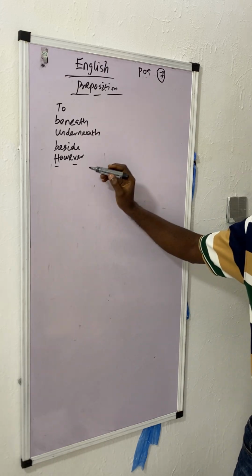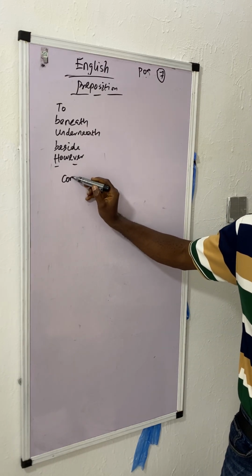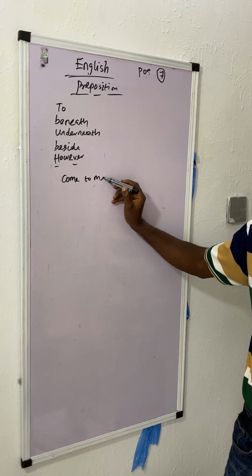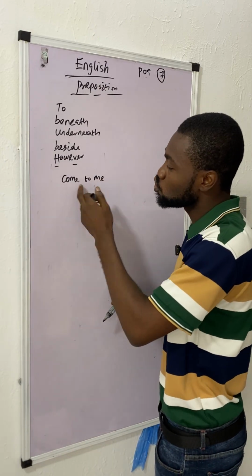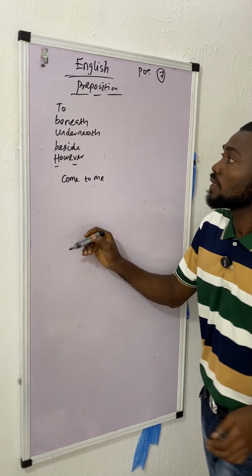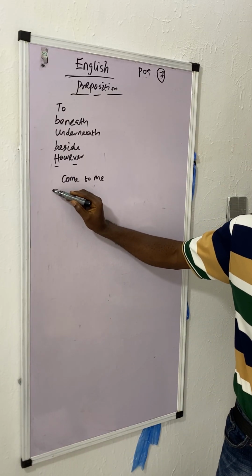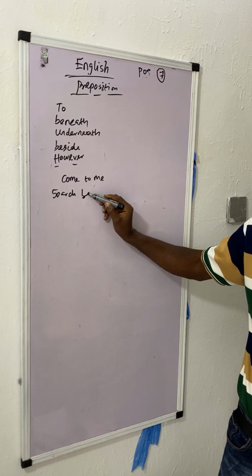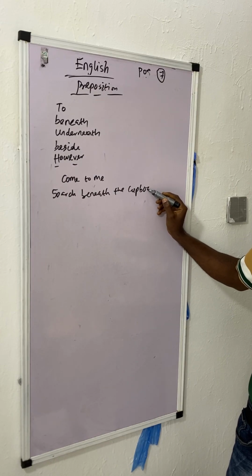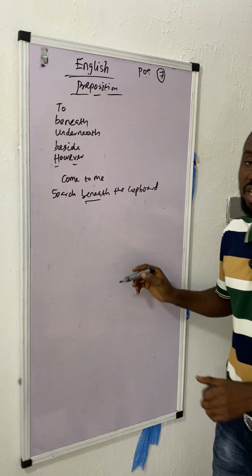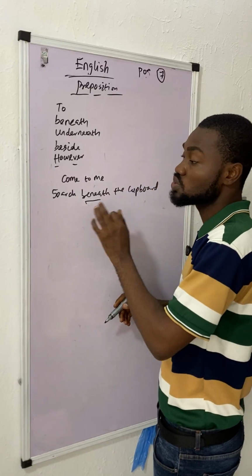For example, I can say, come to me. Where is it directing you towards? It's directing you towards me. I can say, search beneath the cupboard. Where is it telling me to search? It's pointing at beneath the cupboard for me to search there.